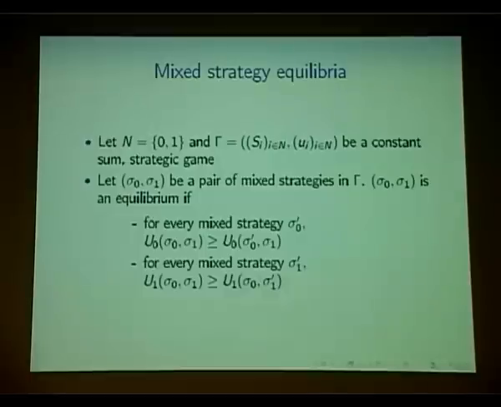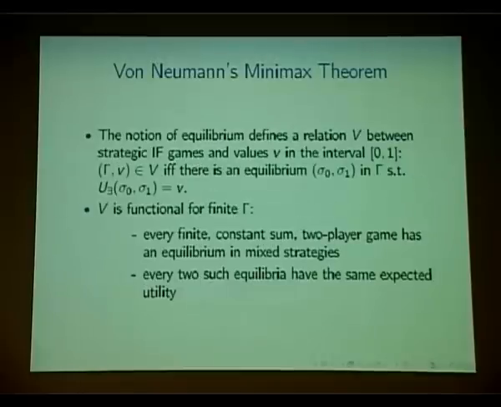And then we can apply this mixed strategy equilibrium notion, which is again standard, and then the von Neumann minimax theorem. I have done nothing else but spell out explicitly the suggestion by Miklos Ajtai.